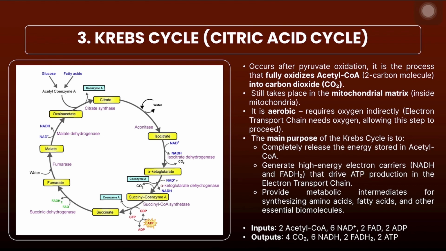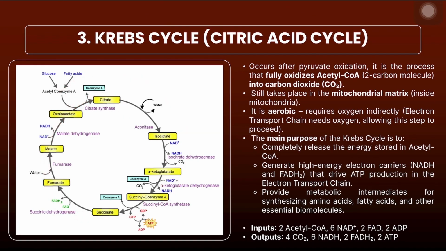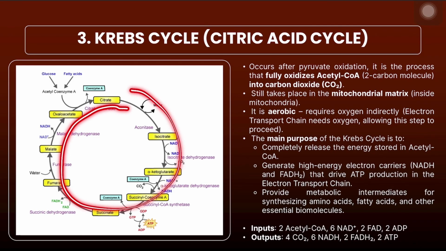It also produces a small amount of ATP directly during this cycle. And lastly, it provides important intermediates that can be used by the cell to make amino acids, fatty acids, and other biomolecules.